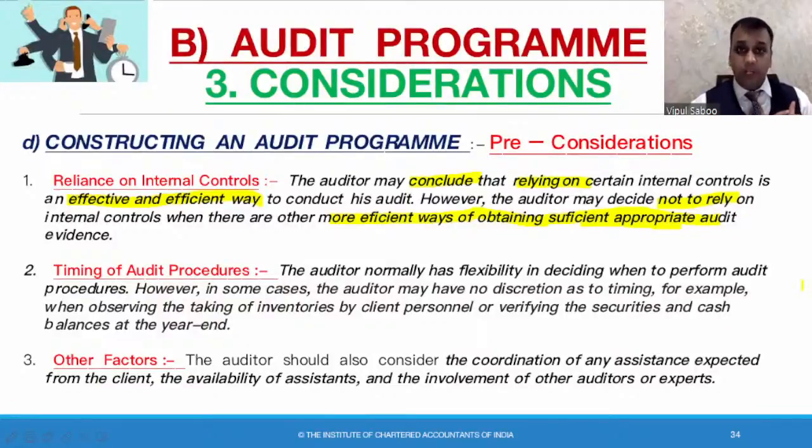So if the auditor has many more ways of obtaining relevant audit evidence which is sufficient quantum-wise and appropriate quality-wise, he may choose not to rely upon internal controls. I will carry out my own procedures. I assume that your internal controls are weak, whether they are weak or strong, and I'll carry out my audit procedures accordingly.